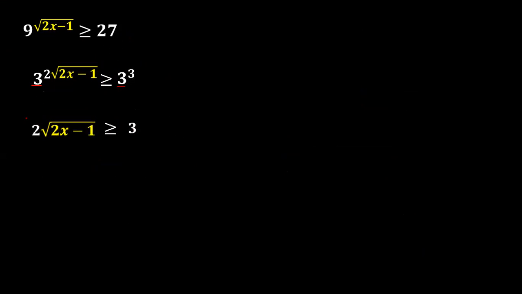What are we going to do to cancel out this radical? We can raise both sides to the power of 2, or squared, because this is basically 2x minus 1 to the power of 1 half. If we raise it to squared, the 1 half cancels, and the radical is gone. So cancelled.